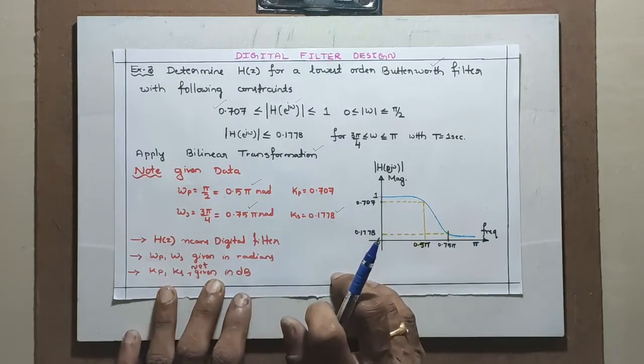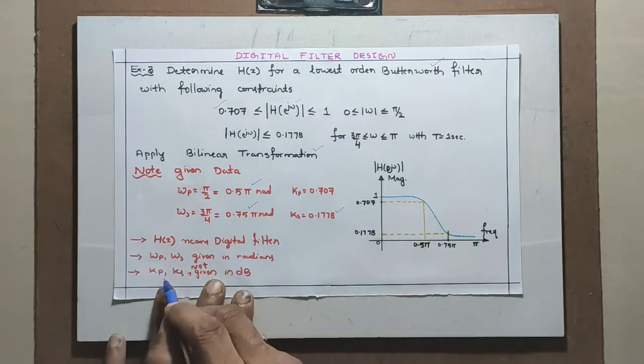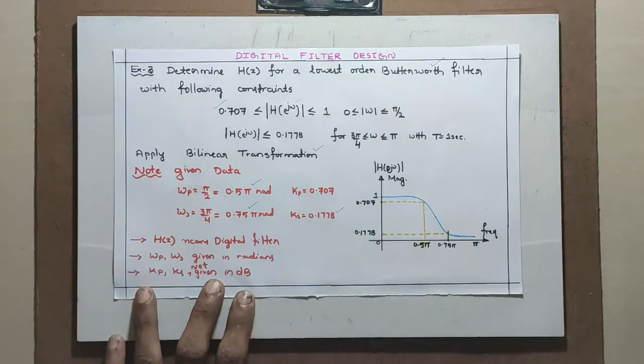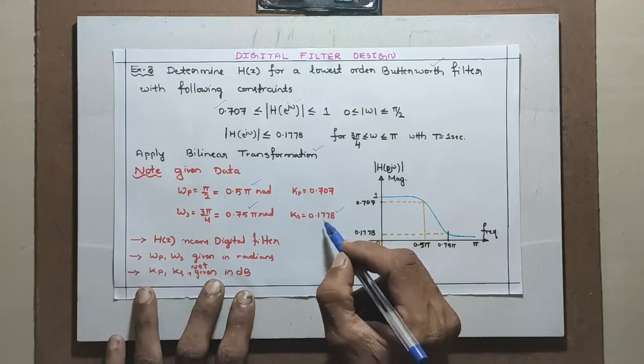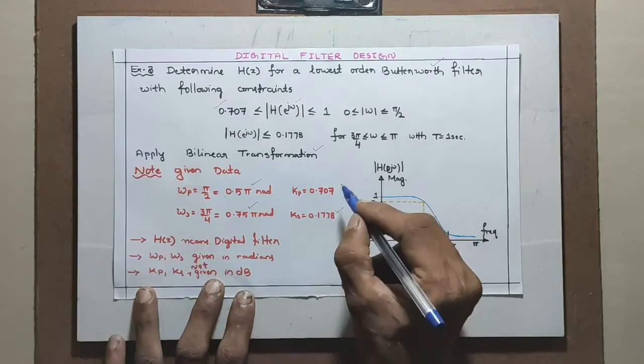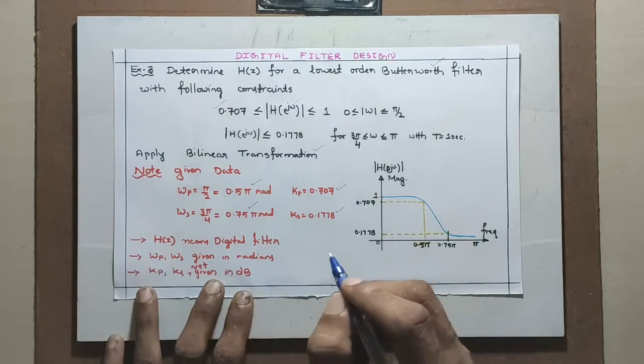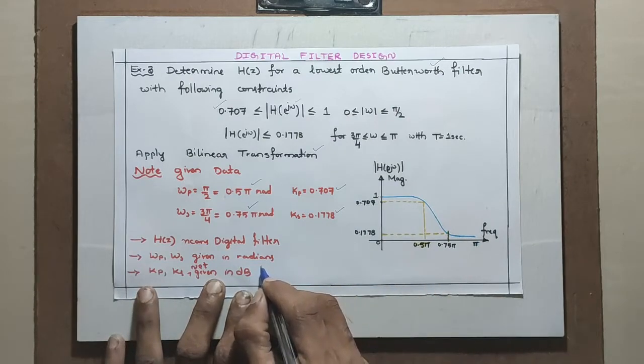Now Kp and Ks are given as 0.707 and 0.1778, but I want them in decibels. They are not given in decibels. Now this is the question.